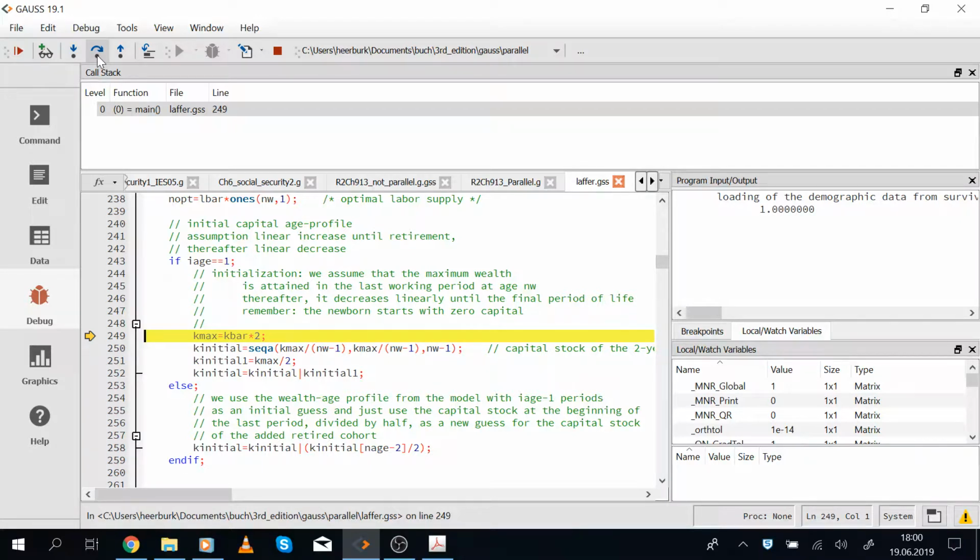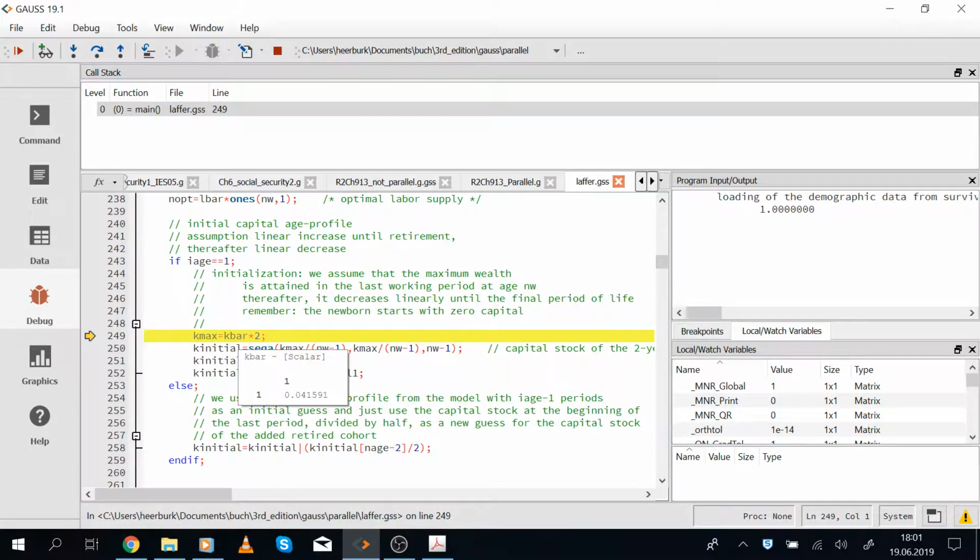So we are inspired here by former results on overlapping generations models, and what we find is that usually individuals increase their savings up to retirement or close to retirement and then decrease their savings over the remaining lifetime. So to get an average capital stock of K bar, this means, well, we start from zero for the 20-year-old, and to get an average of approximately K bar, we have to accumulate twice K bar as our maximum capital stock in the last period as a worker.